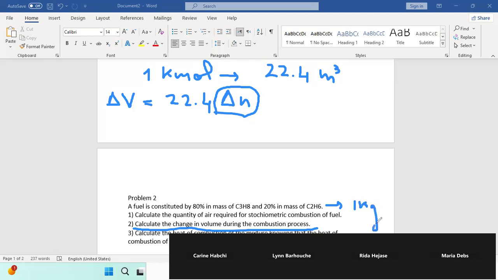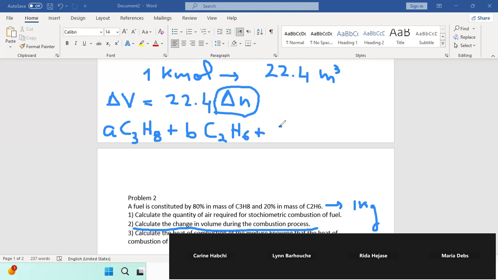So we should start from the chemical reaction, which is A C3H8 plus B kilomoles of C2H6 plus, if you remember, we calculated together the number big N for C and D coefficient, but it's similar.